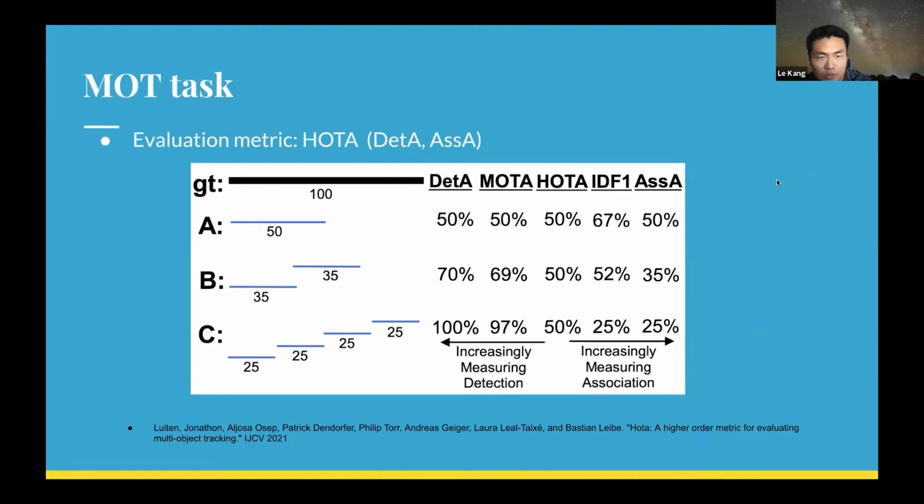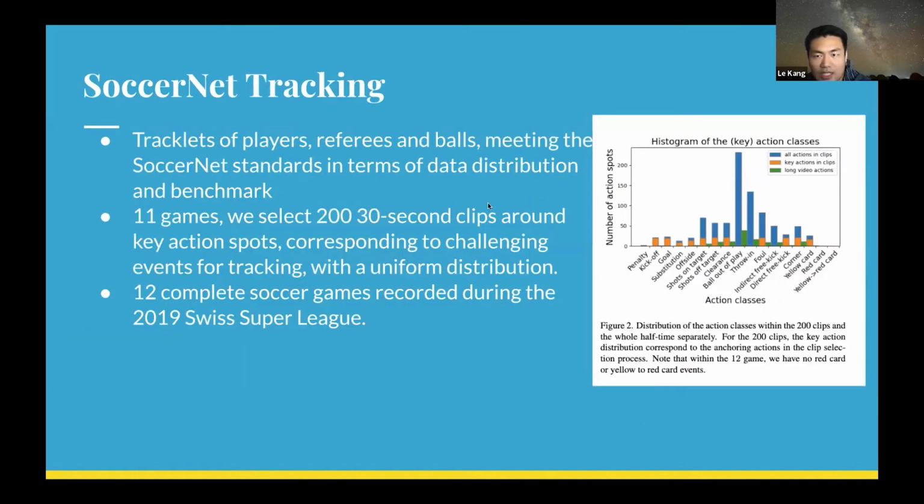All right, we use HOTA for our challenge, and now we can have a deeper look at the statistics of our data set here. Apparently, we have a data set composed of many short clips of soccer game videos.